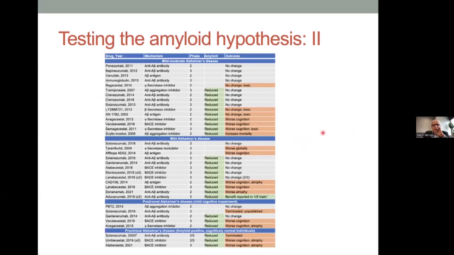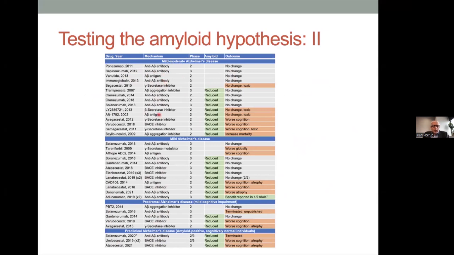And it's a very complicated slide. You don't have to look at the whole thing. But down this column are all the various clinical trials that have been run testing the strategy of removing amyloid, and starting either with mild to moderate Alzheimer's or prodromal Alzheimer's, or even what's called preclinical Alzheimer's.